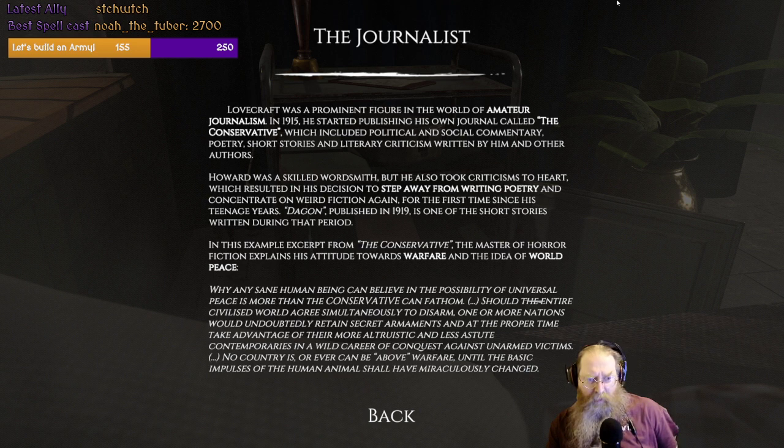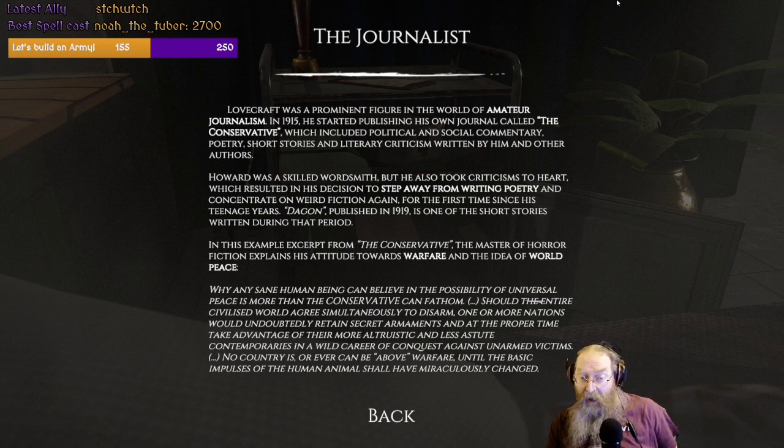In this example excerpt from The Conservative, the master of horror fiction explains his attitude towards warfare and the idea of a world peace. Why any sane human being can believe in the possibility of universal peace is more than the Conservative can fathom.